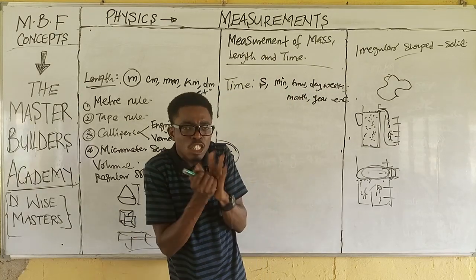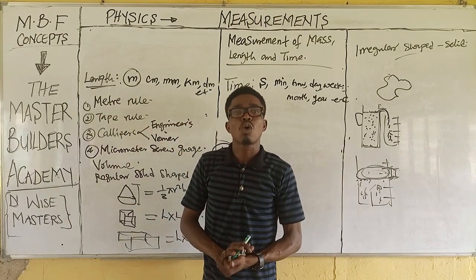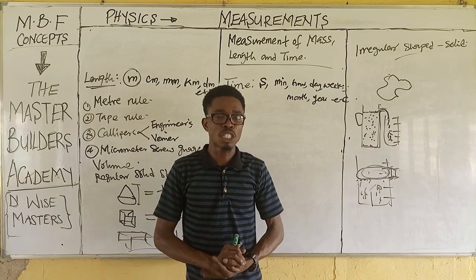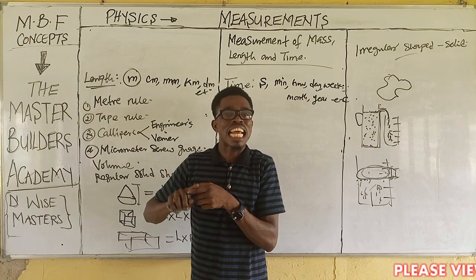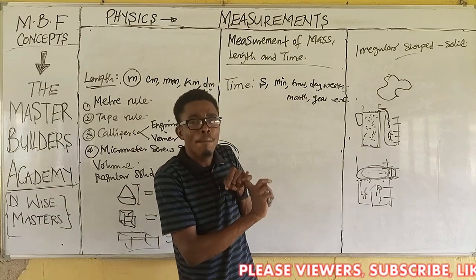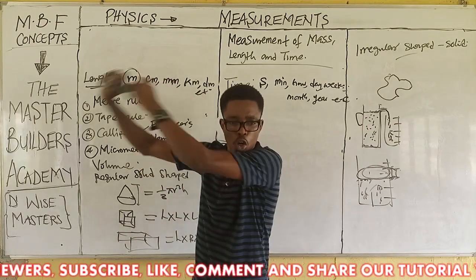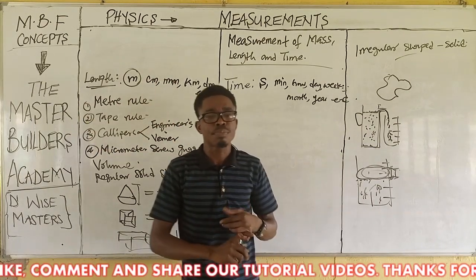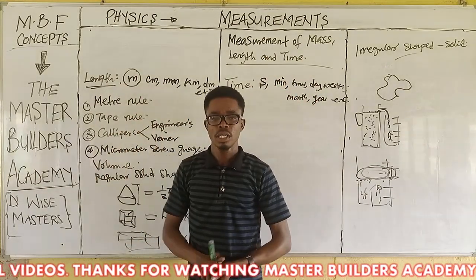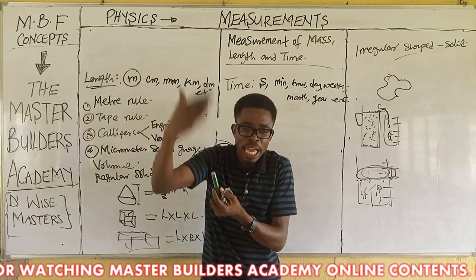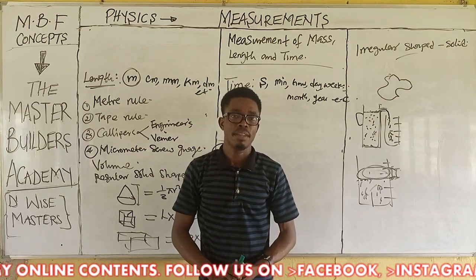One of the instruments used to measure time is the water clock. You can check the image of that. Then we also have the electric clock, then the stop clock or stopwatch, then the pendulum clock, then the ticker tape timer, and finally the chronometer.